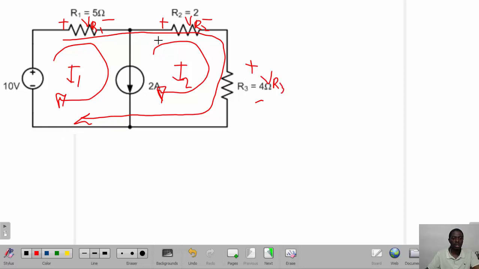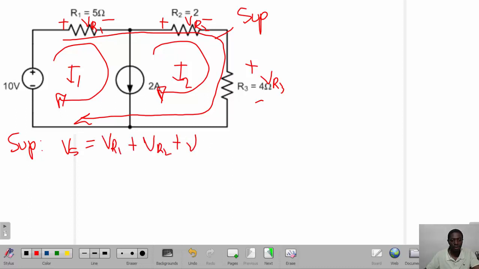Therefore, the equations that we make are going to be two equations. That is one equation at the super mesh, which is this super mesh, and the other equation at the current source. So when we start with the equation at the super mesh, we have the voltage source Vs should be equal to the voltage drops, VR1, VR2 plus VR3.